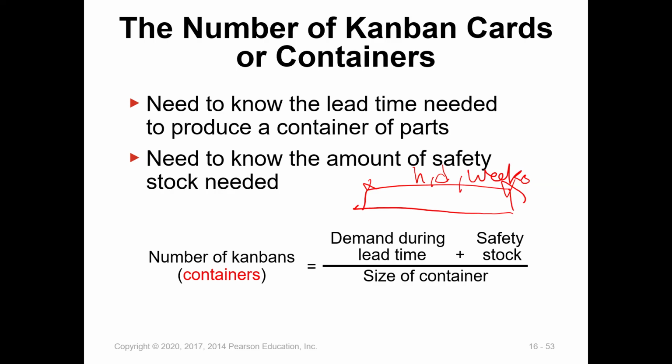If you have five safety stock, that means you have five extra. So the number of Kanbans is usually equal to demand during lead time plus safety stock, divided by the size of the container.